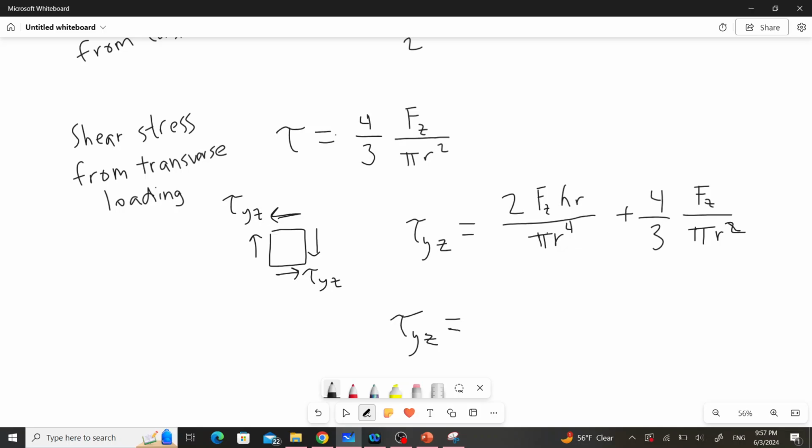So we'll end up with 2 Fz h over pi r cubed plus 4 over 3 Fz over pi r squared.